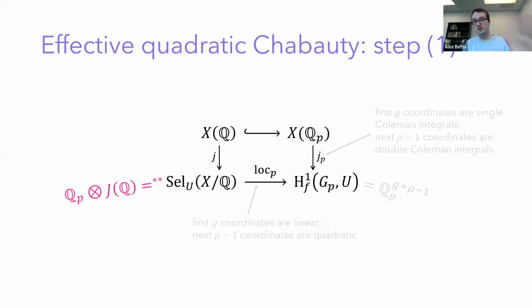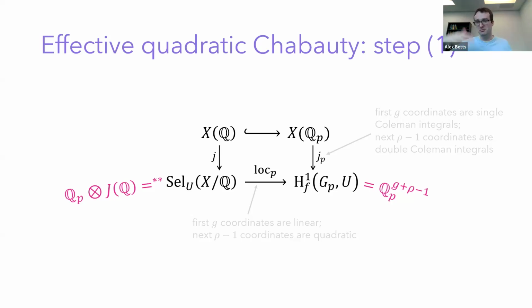It's still an r-dimensional vector space. But your local Selmer scheme has changed. In fact, it doesn't naturally have a vector space structure anymore, but it is at least an affine space, of dimension g plus rho minus 1. And then this localization map between them is an algebraic map from an r-dimensional vector space to Q_p to the g plus rho minus 1.